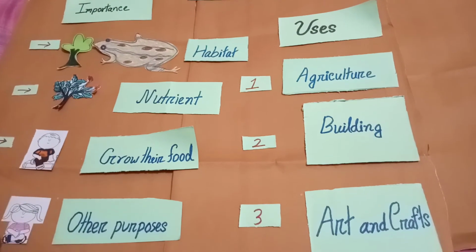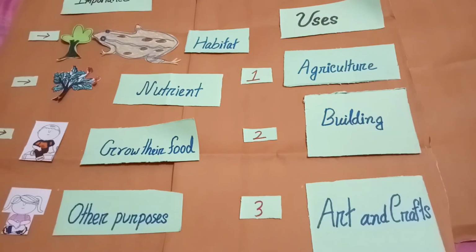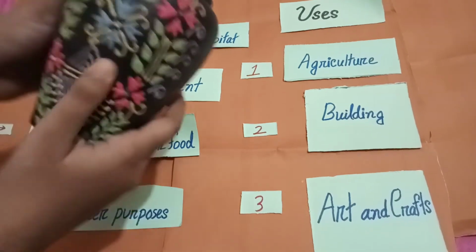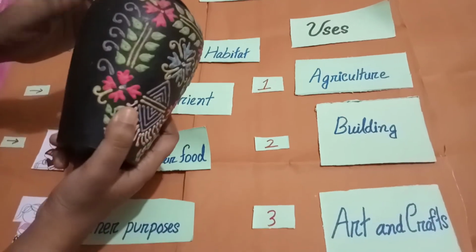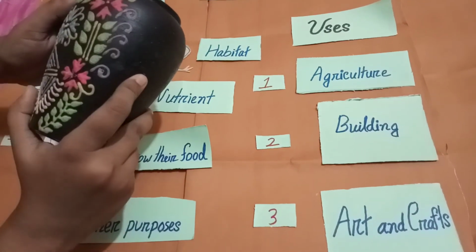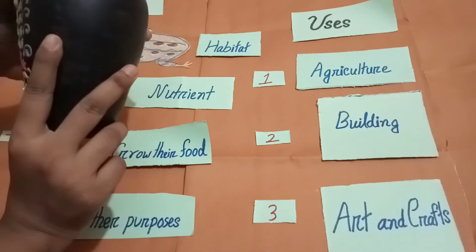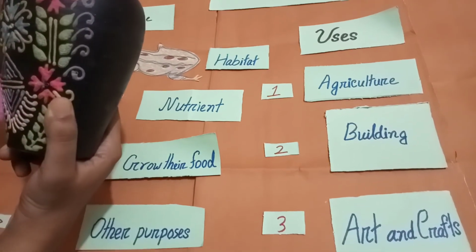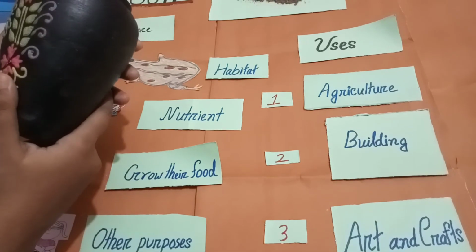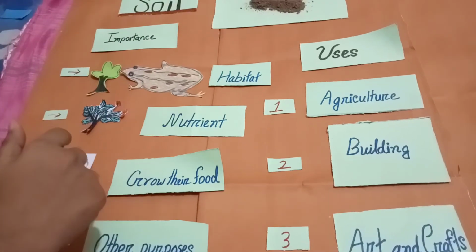Number 3, art and craft. Like this vase, this is also made of soil. Like this vase, there are some crafts also which we can make from soil.